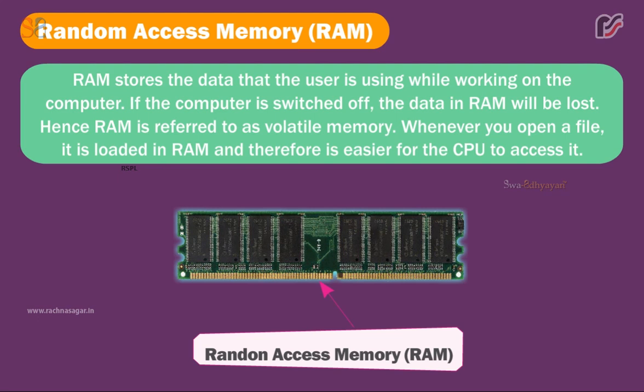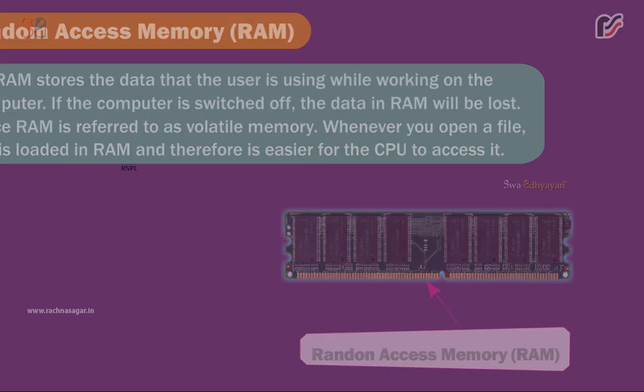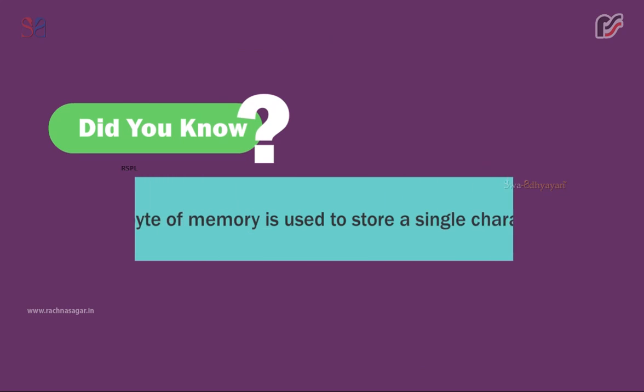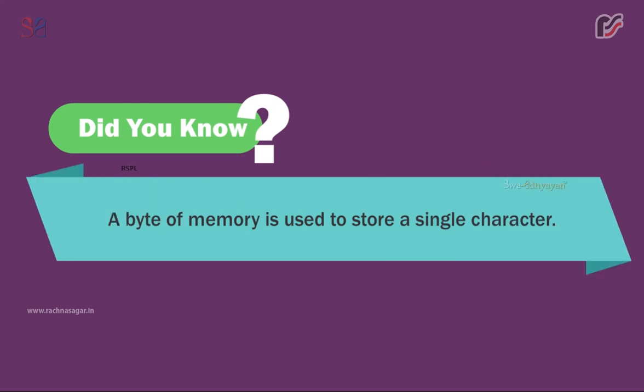If the computer is switched off, the data in RAM will be lost. Hence, RAM is referred to as volatile memory. Whenever you open a file, it is loaded in RAM and therefore is easier for the CPU to access it. Did you know? A byte of memory is used to store a single character.